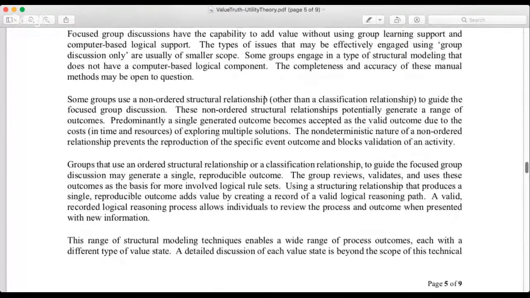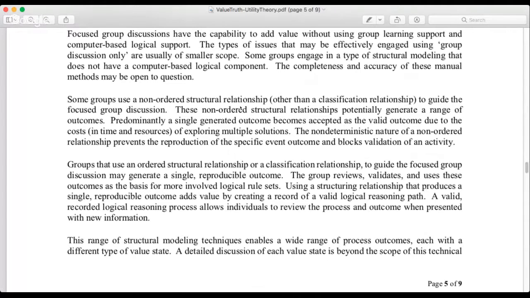And so we see that historically there are people who do a range of these things, and they all believe that they add value. And I would have to agree that if they believe it adds value and it's important to them, then they're right, because they're the ones who make that determination.